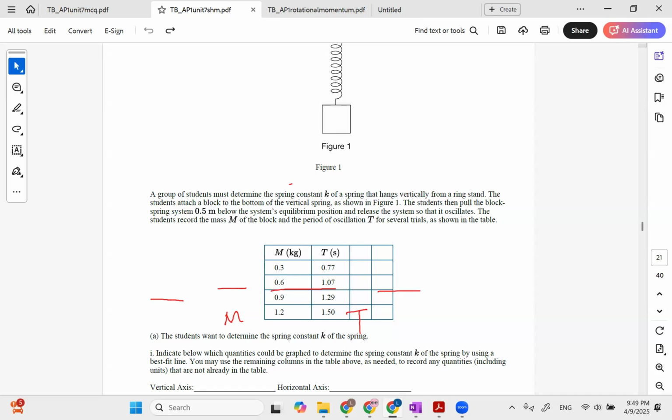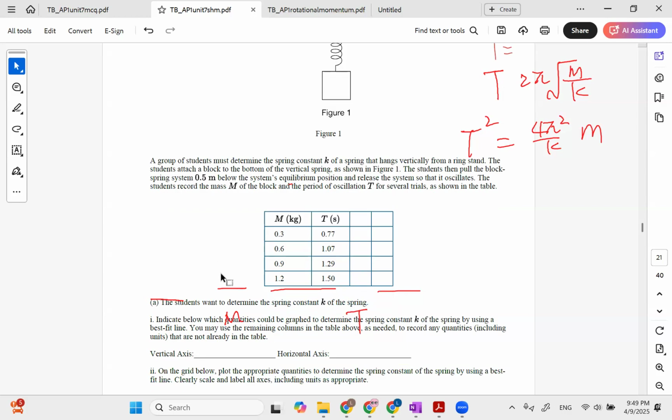T equals 2 pi square root of M over K. So I'm going to use this one. T equals 2 pi square root of M over K. Is it a linear relationship? No, right? So you need to linearize it. T squared equals 4 pi squared over K times M. So instead of using T versus M, you use T squared versus M. You got it?